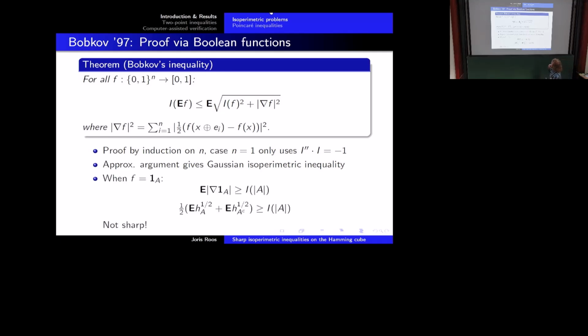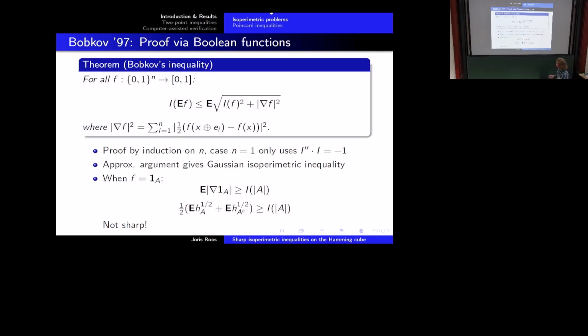And so what does this have to do with the isoperimetric inequalities from the beginning? If I plug in the characteristic function of a subset, then what I get is exactly an isoperimetric inequality, except it is now one that takes into account the boundary measure. It takes into account the edges weighted with some power.